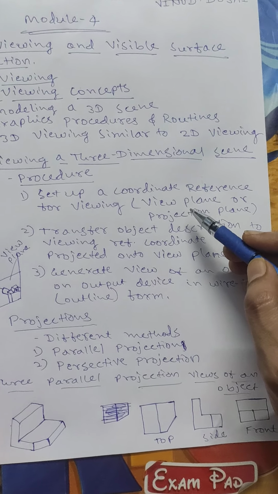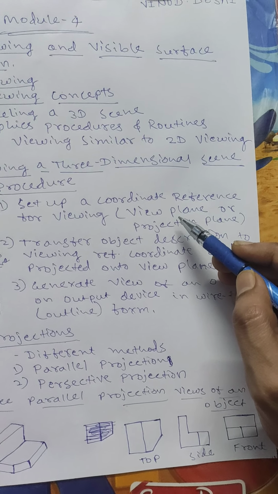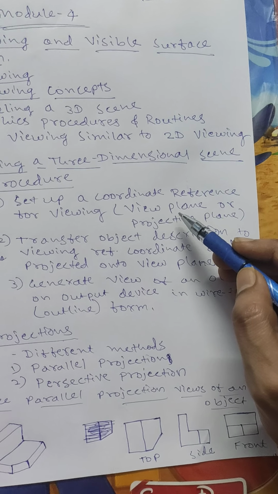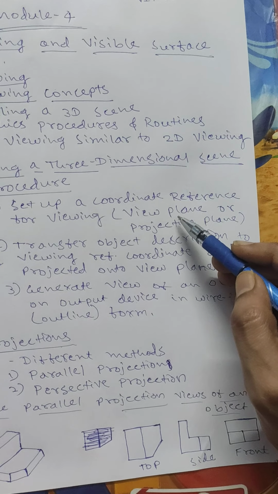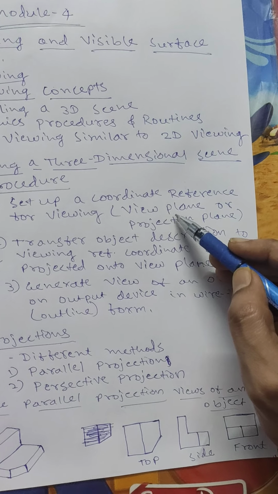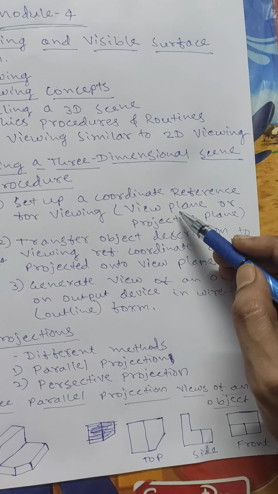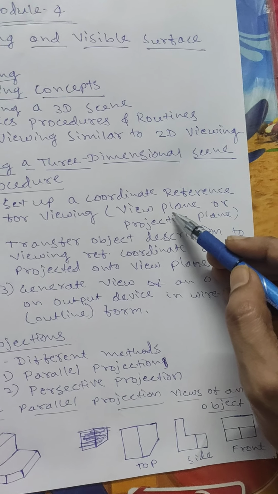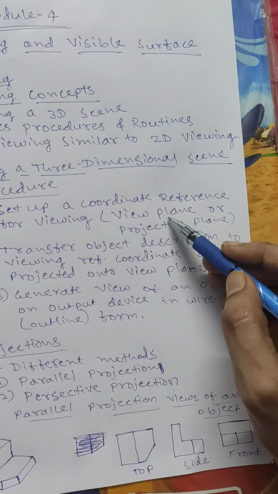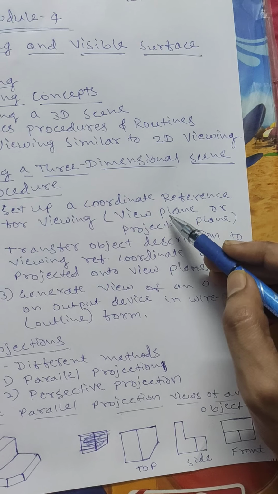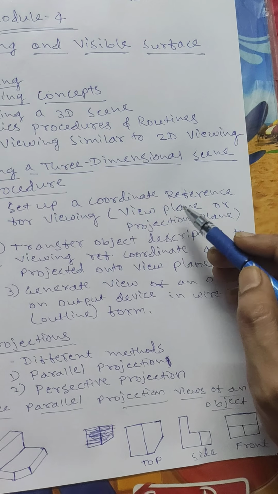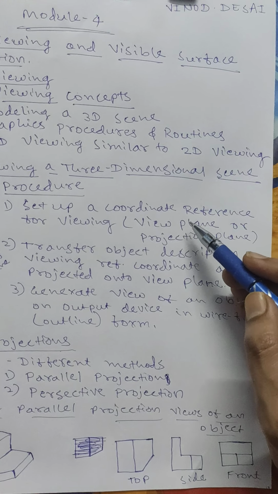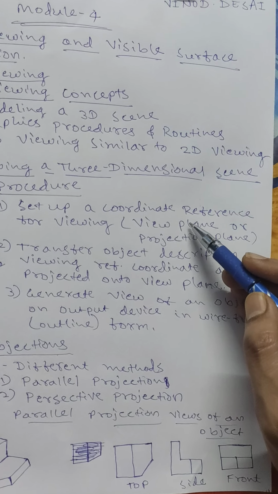This coordinate reference frame will define the position and the orientation for a view plane. View plane is nothing but the projection plane here. Basically this view plane or projection plane corresponds to the camera plane, which is nothing but the camera view. That is the very first step.